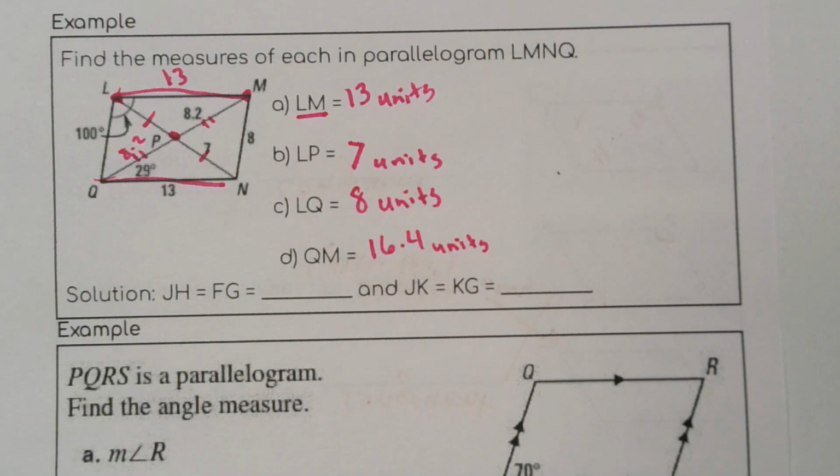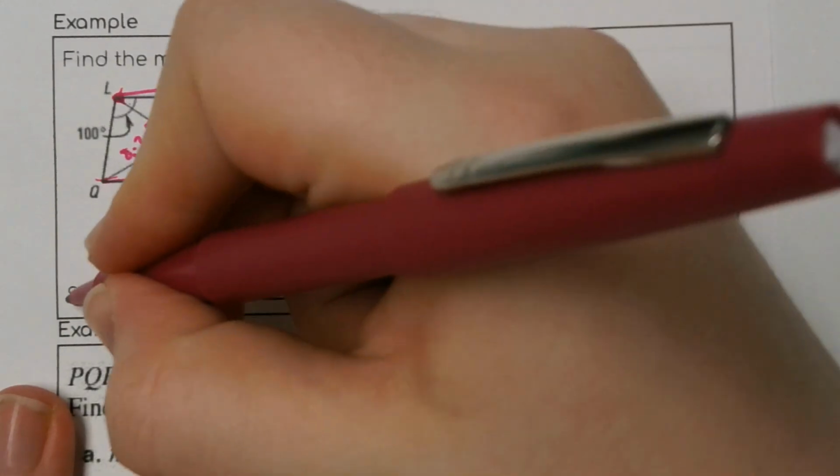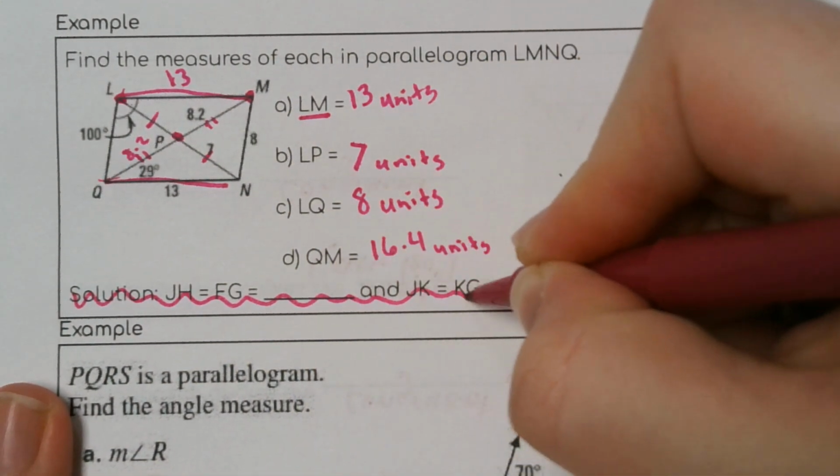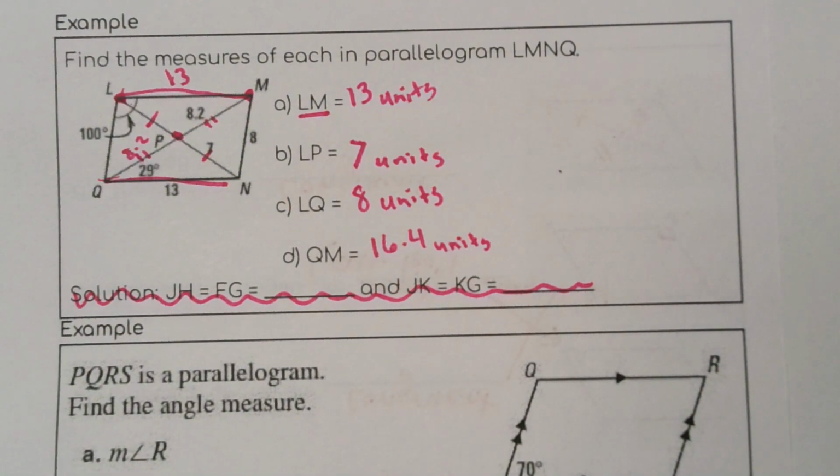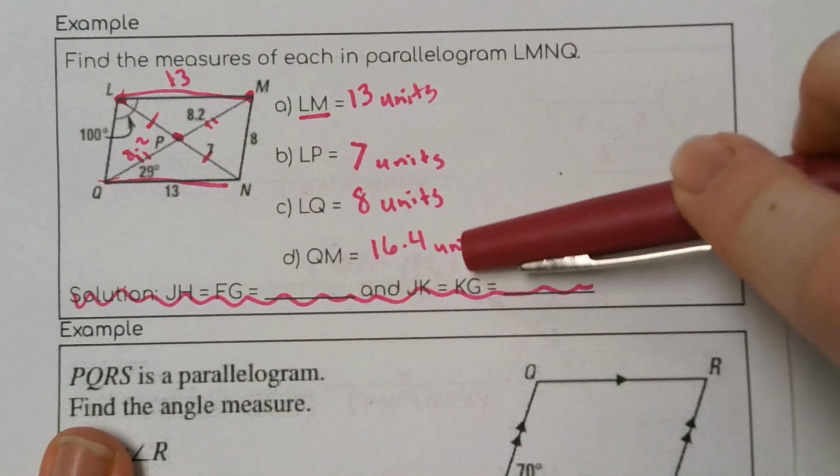That would be Q to M. Also, I don't really know why that's there, but you can cross that out. Okay. Any questions on how to find the measurements here?